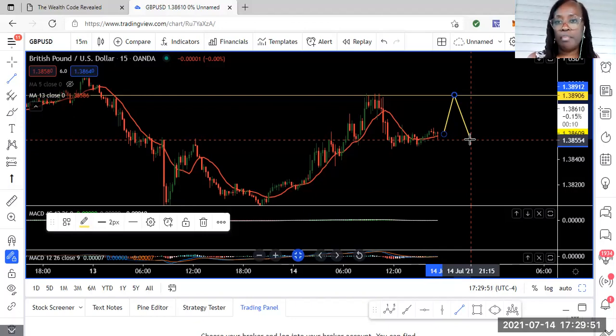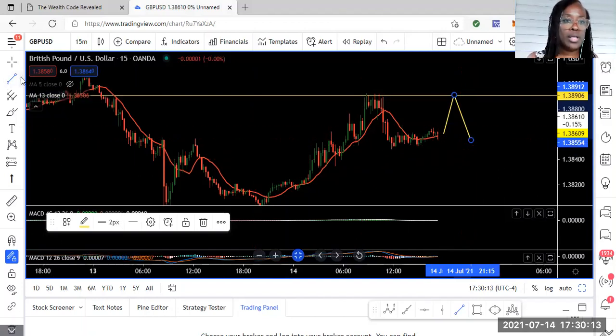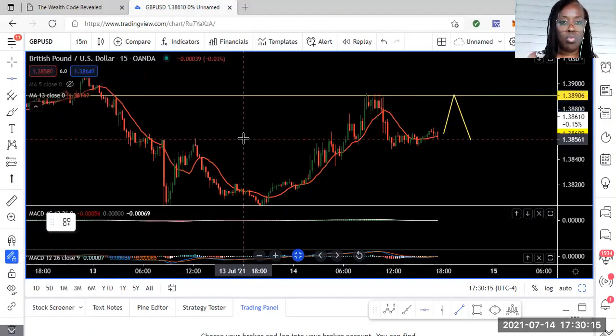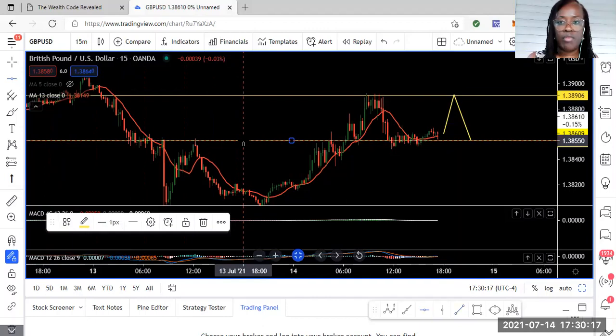But the rule of thumb basically is that you look for the previous structure, because wherever that is, you should expect that price is going to have a reaction there. Even if it breaks through that structure, I'm not saying it won't break through, but there may be some vacillation before that happens. And so you want to be able to identify that. So with that being said, I will be looking, or you could be looking, at this area right here.